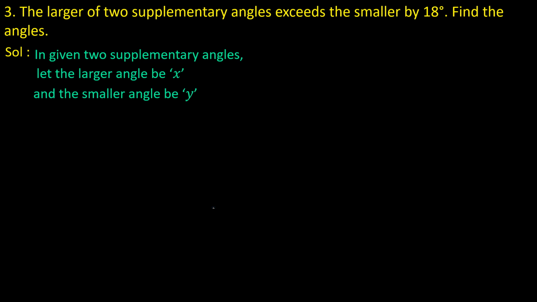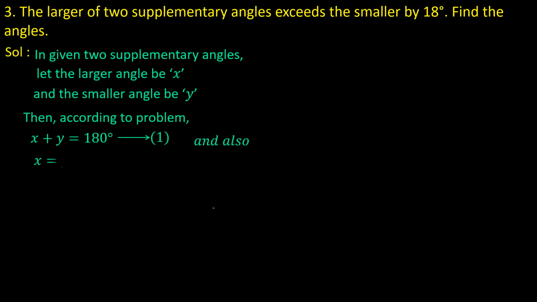According to the problem, x and y are supplementary angles, so we can write x plus y equal to 180 degrees. Also it is given that the larger angle x exceeds the smaller angle y by 18. That is x equal to y plus 18.